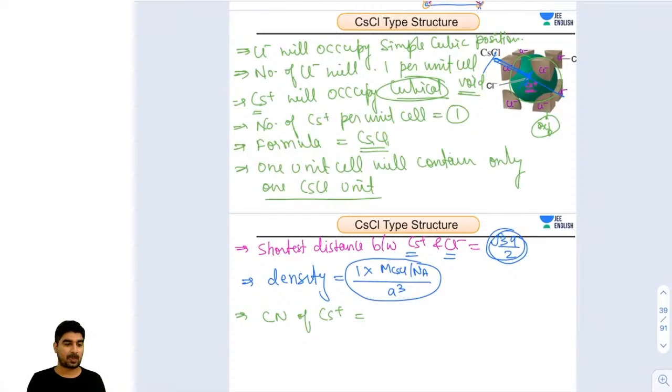Tell me guys. Okay, Roshan, not an issue. Now do this one. What is the coordination number of cesium plus?